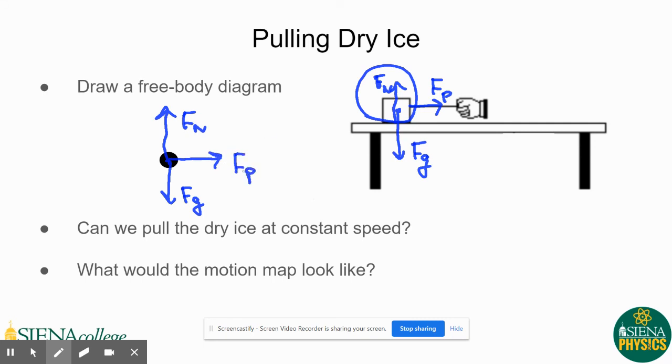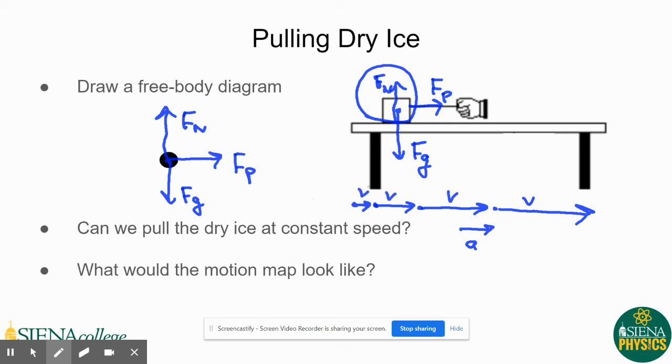And because I have force of the pull, if I think about my motion map, I'm going to start off pulling. And so my distances between positions are going to increase. So my velocity is going to increase here with this pull. Right, so I'm going to have an acceleration in that direction. These are my velocities.